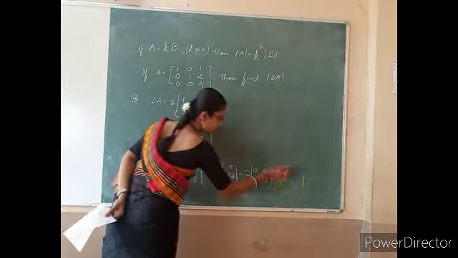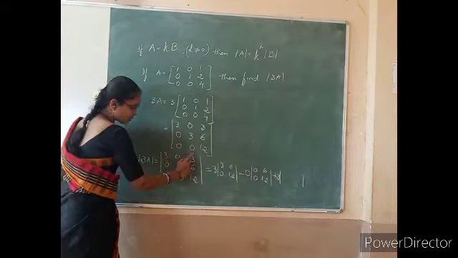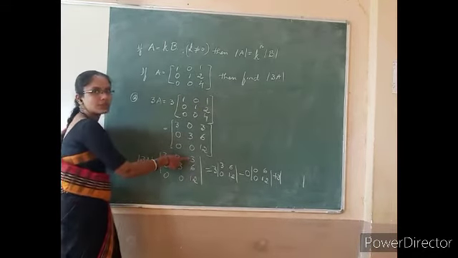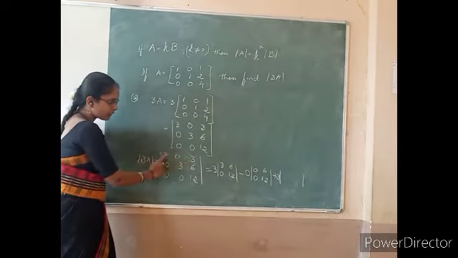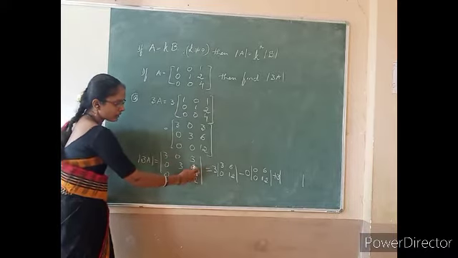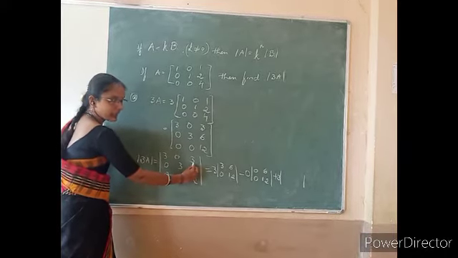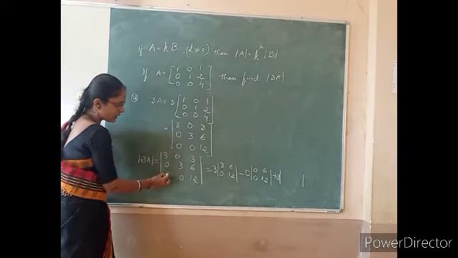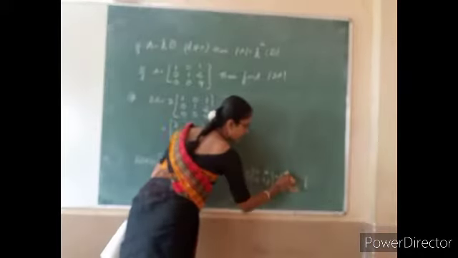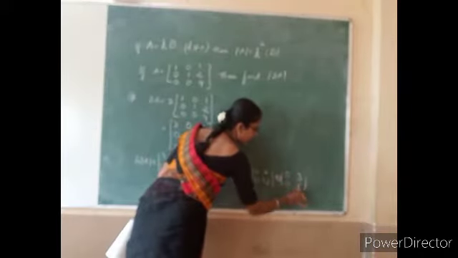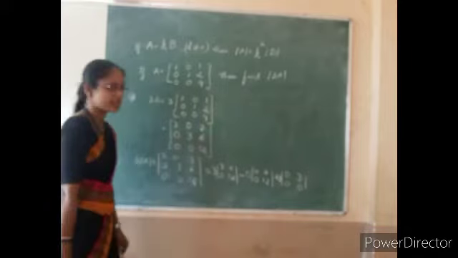3 into, delete the first row and third column in which the entry 3 lies. If you delete the first row and this column, the remaining entries are 0 3 0 0. Now evaluate this determinant.